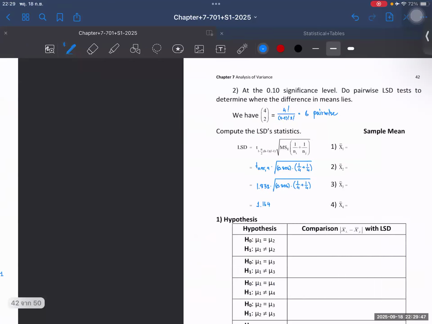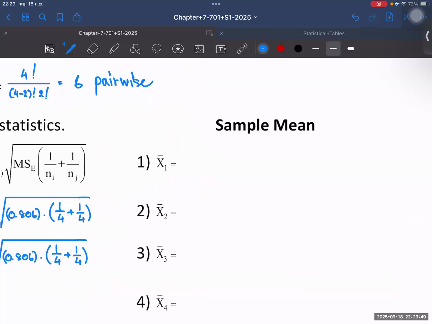So we get 60 divided by 4, 73 divided by 4, 85 divided by 4, and 116 divided by 4. So this is 15 right now.